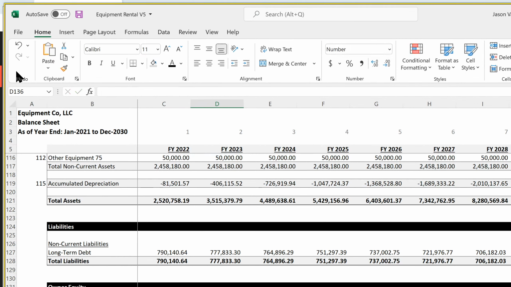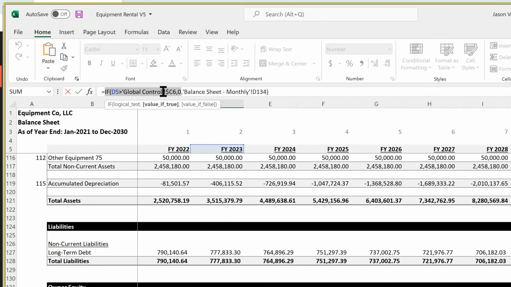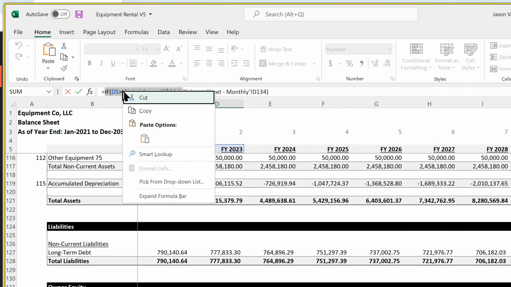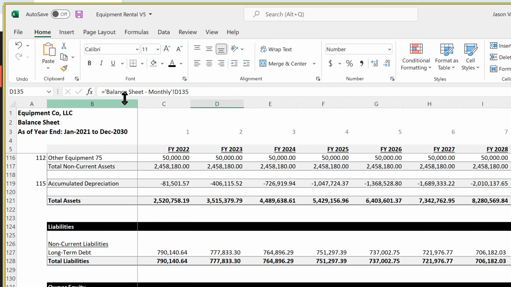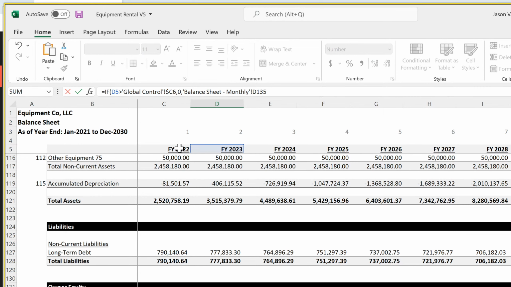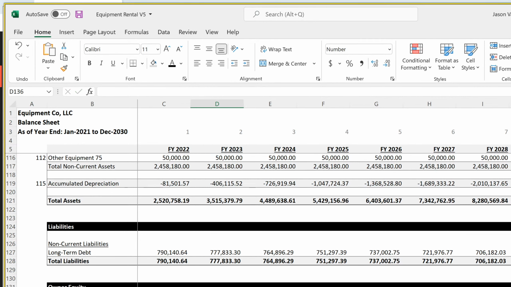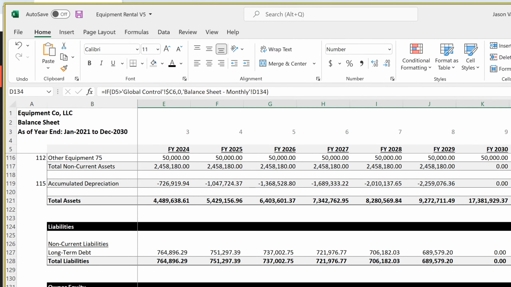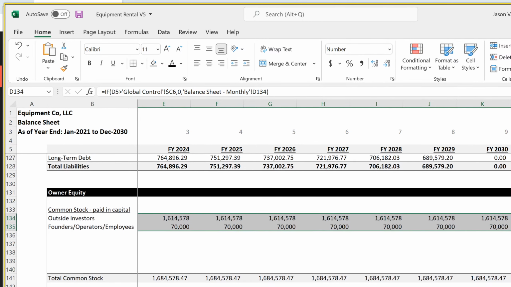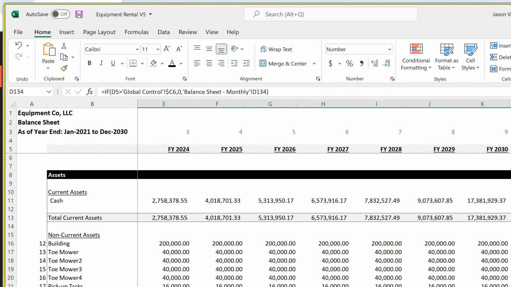What did I do? If this is... So we're balanced there.